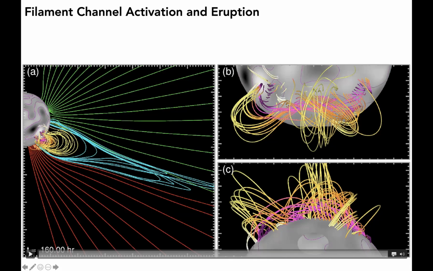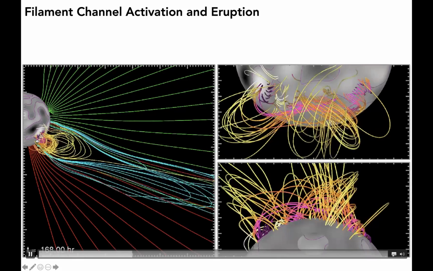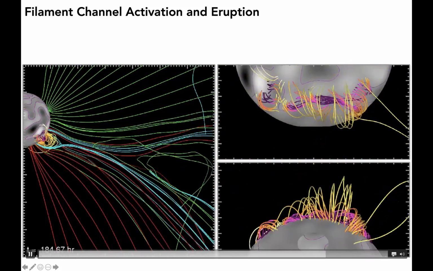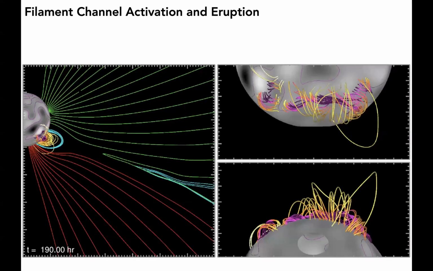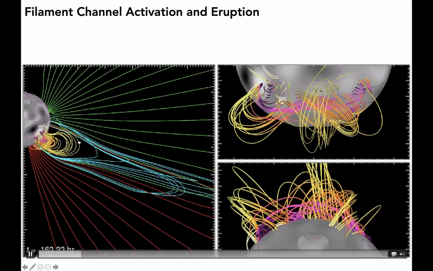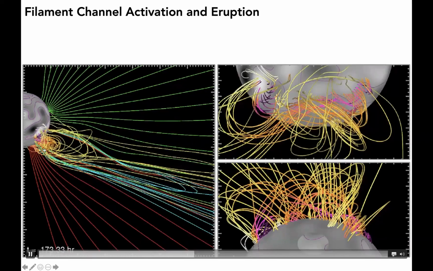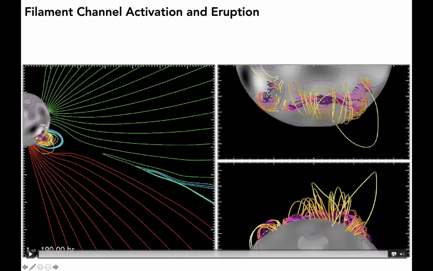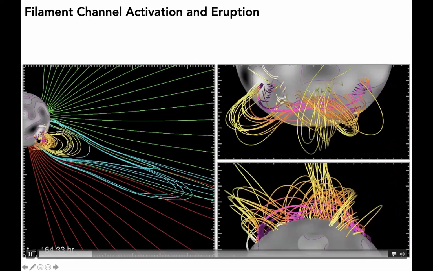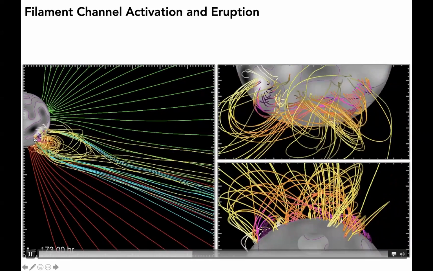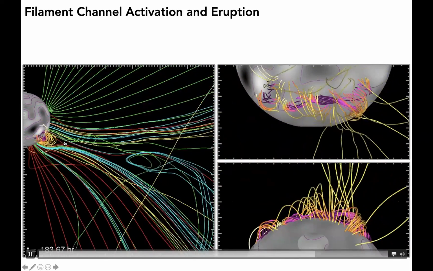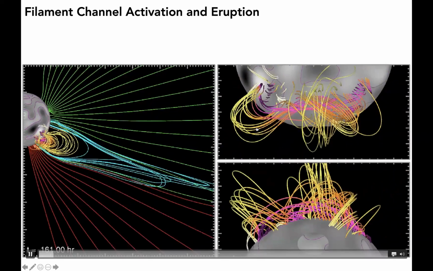There's unsheared field above it, and as this proceeds, you get exactly the same kind of picture we've seen before. You inflate the helmet streamer. The expansion has caused the formation of a current sheet in and underneath the rising flux of the filament channel. Once that reconnection kicks in, this whole thing erupts.